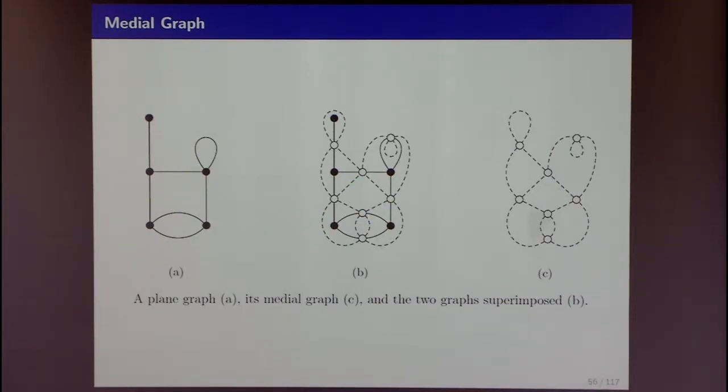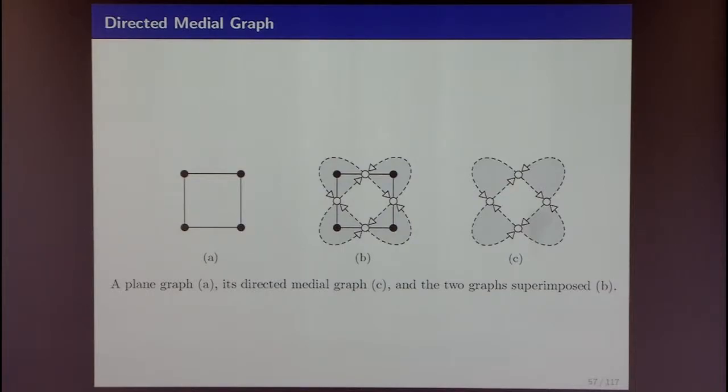Okay, so that's called a medial graph. And by definition, a medial graph is always 4-regular. In fact, you can define what's called a directed medial graph, where the cycles are always such that the original vertices are inside and the original faces are outside. So counterclockwise this way, clockwise that way.